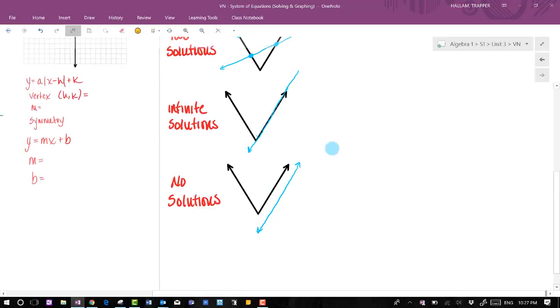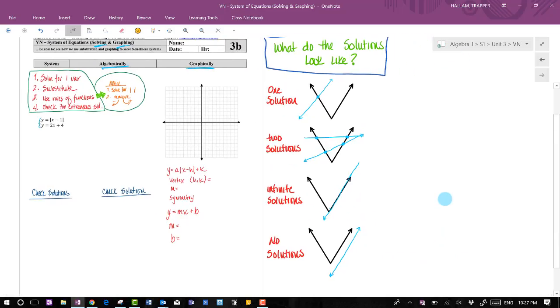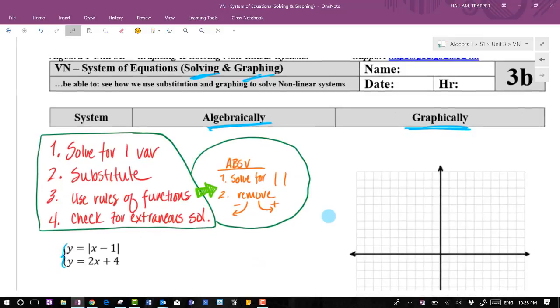So, if you consider that, you've got a couple different cases of possible solutions here, and so we have to watch out for them. Visually, that's easy to do, but when we talk algebraically, that means we're going to have to check our answers and see if they make sense by plugging them back into our equation and seeing if it has a true statement at the end, meaning does it make sense?